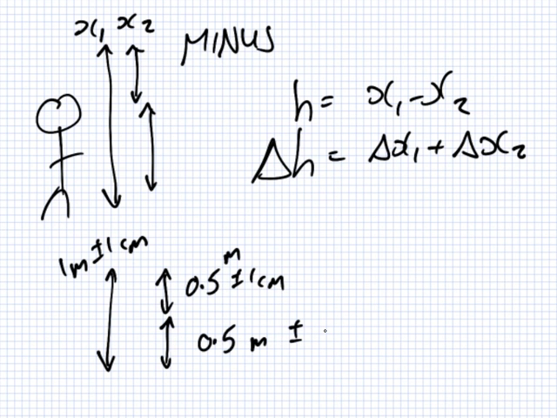But you could be wrong by 2 centimeters, because this could be wrong by 1 and this could be wrong by 1. This could be shorter by 1, which would make this shorter, and this could be longer by 1, which would make it shorter by 2. But it can be perfect, right? It can be perfect.